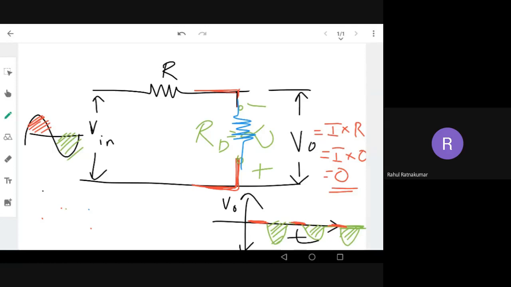Then the waveform slightly changes like this. There is a slight drop here, the diode drop, when I'm using a real diode representation, because right now my diode is no more ideal. So leave that part.